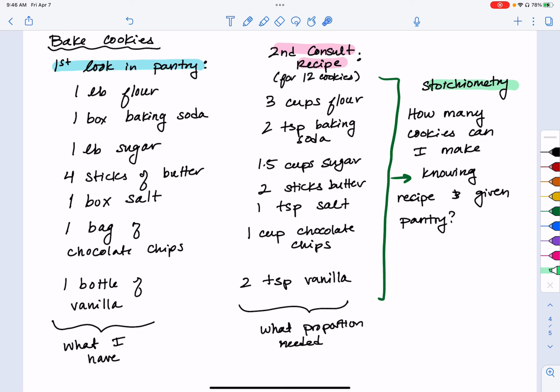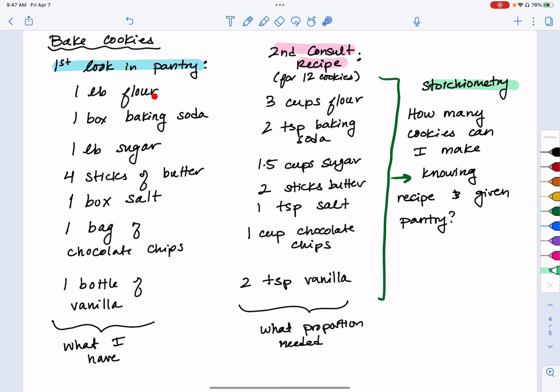So let's say I didn't want to just make 12 cookies, but I wanted to see the maximum amount of cookies I could make. Let's say I wanted to use as much of what my dad has as possible to make as many cookies as I could. Let's say I'm super stressed. So stoichiometry would be the process of looking at our quantities in our pantry, converting them into what we have available, so that we could use our ratios to figure out what that would mean we would need of each.